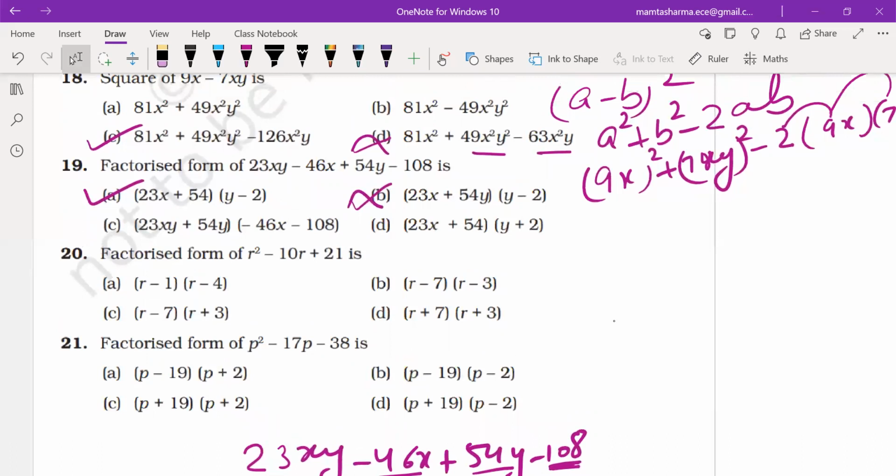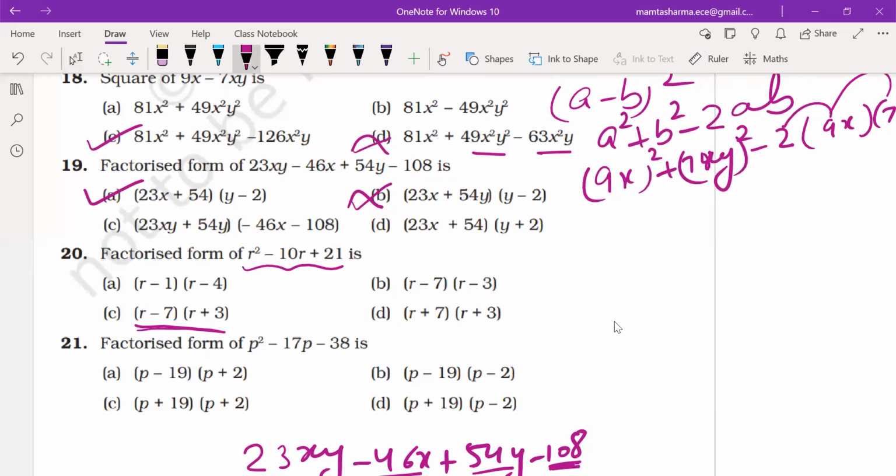Those who do the tough ones have the ability. C, ma'am. 20th, C. Shubhra, what is your answer?